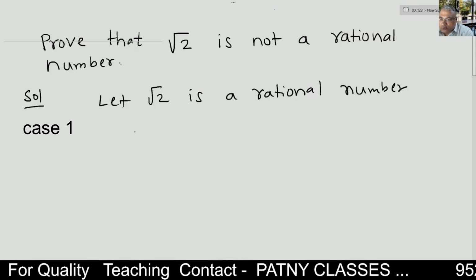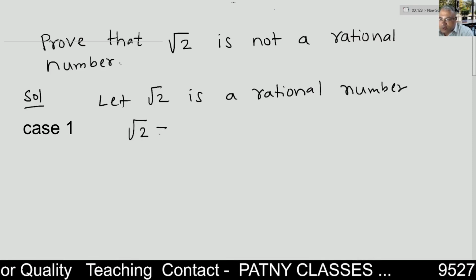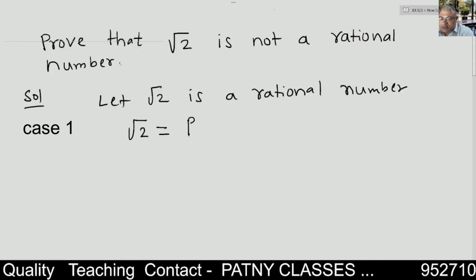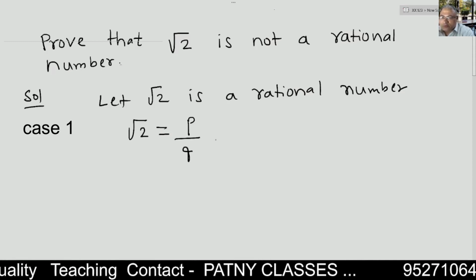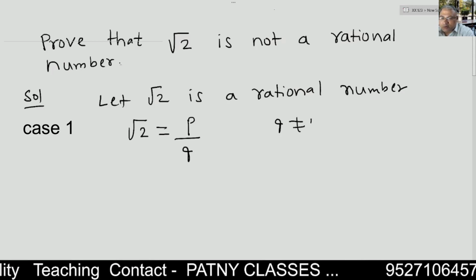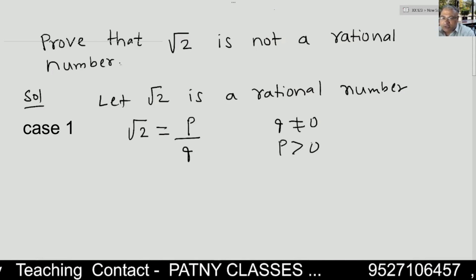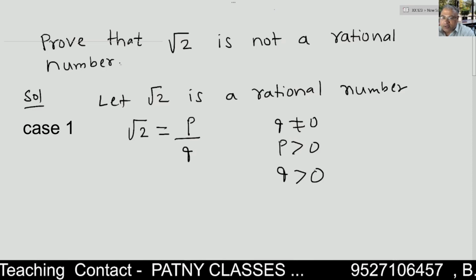If root 2 is a rational number, then root 2 can be expressed in terms of p upon q, where q is not equal to 0, p greater than 0, and q greater than 0.